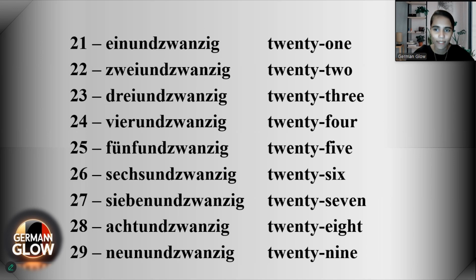Okay, remove the s. 21, 22, 23, 24, 25, 26, 27, 28, 29. 27, not siebzehn, siebzehn becomes sieben. Okay. This pattern continues from 21 to 99.